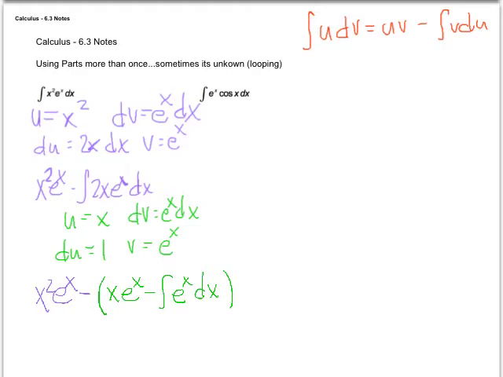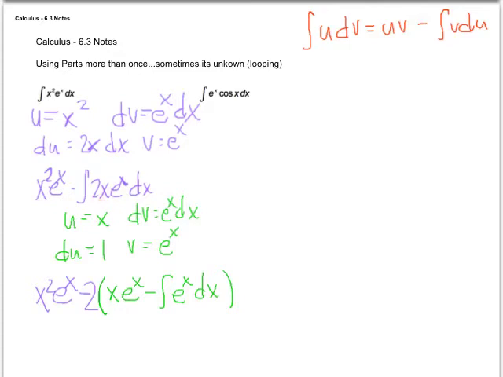And don't forget we've got this 2 right here. That 2 can pop all the way out into the front of the integral. I forgot to write it down, that purple 2 should be right there, because this green part is this integral right here.